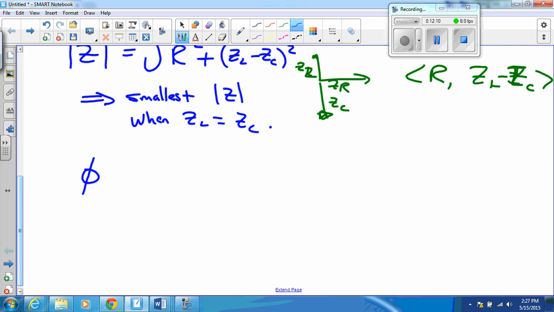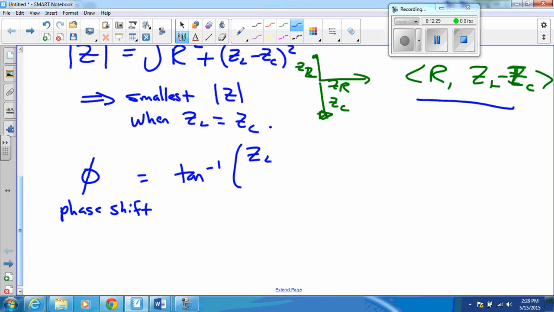And we're going to represent that phase shift with lowercase Greek phi. That's going to be the phase, or the angle of that vector right there, which is a familiar formula to you, inverse tangent of y over x.